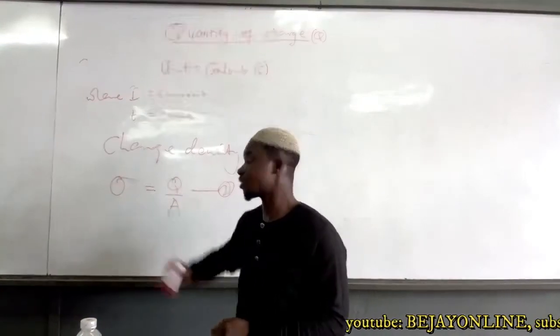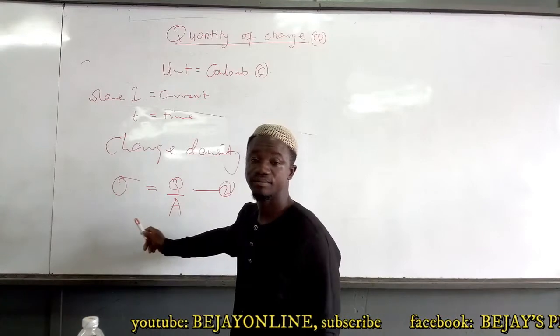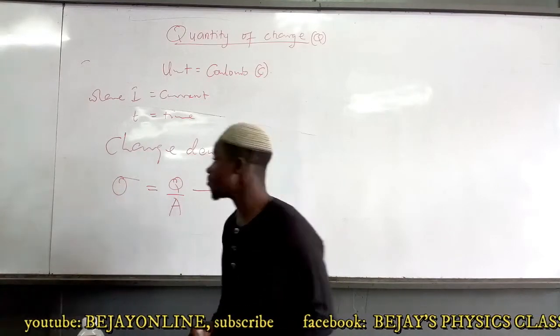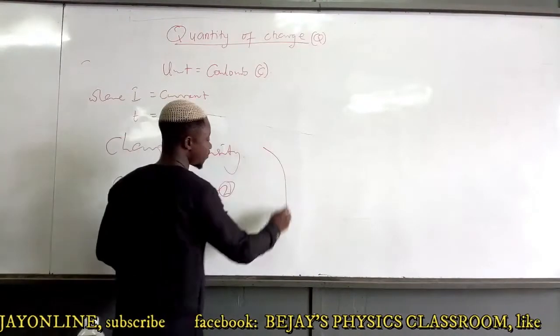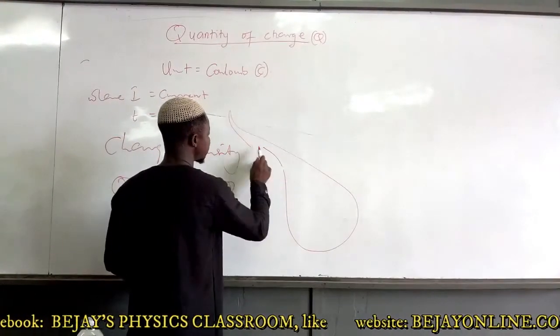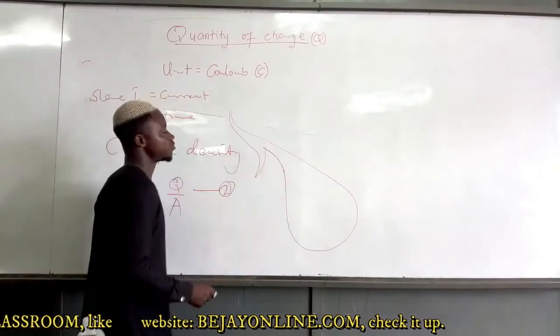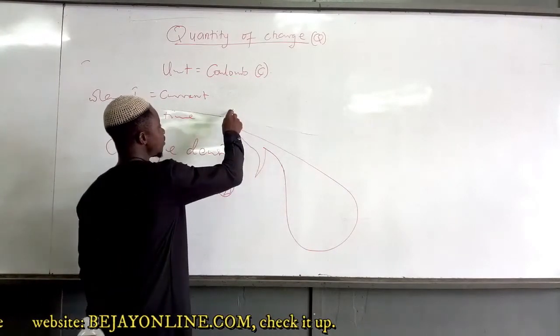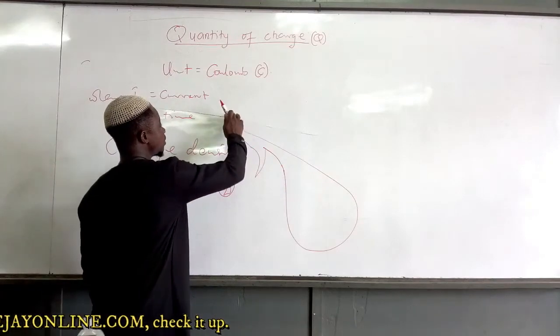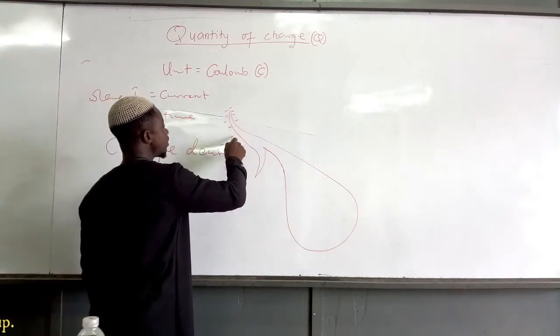What this means is that the smaller the surface area of the charge, the larger the charge density. If I have a body like this and I want to draw the charge distribution on this body, the surface area here is small. What that means is that charges are going to be so much crowded at this area.